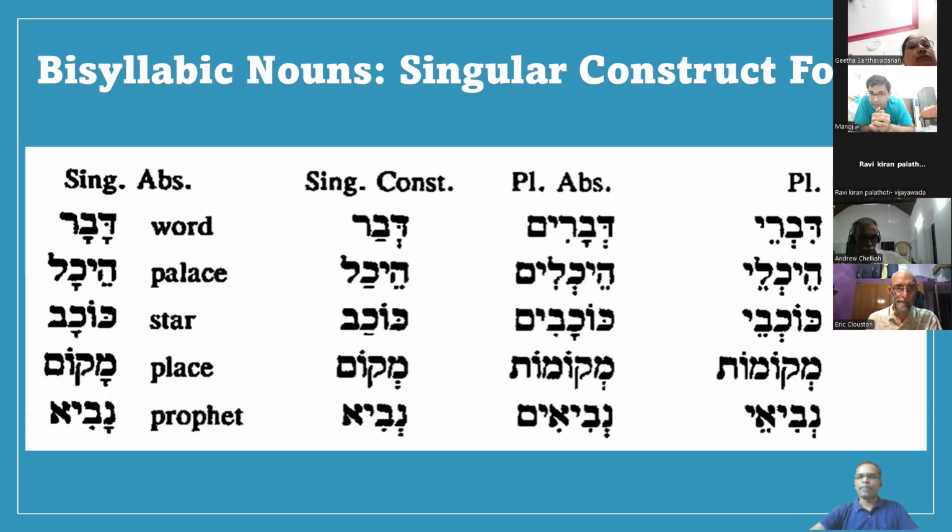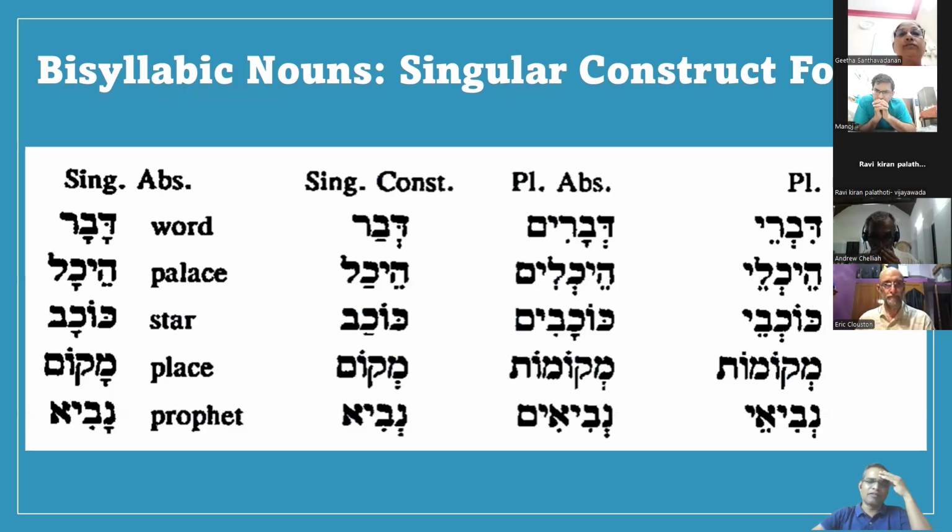So basically, we should have gone through all these vocabularies, the nouns. Then at least we will have an idea that in the original form, this is how it appears, and now it is appearing in a different way, so this is a construct state. We should have that type of discernment. If we are not able to memorize, by looking at it, we should be able to differentiate that this is an absolute noun and the same absolute noun is appearing in the construct state. That's why these changes are taking place.